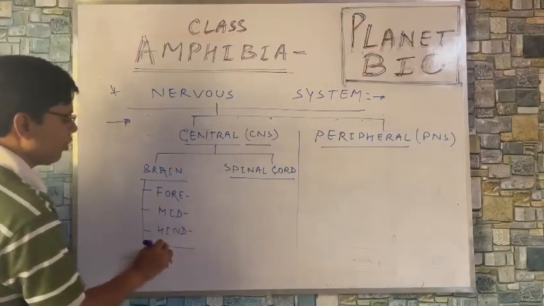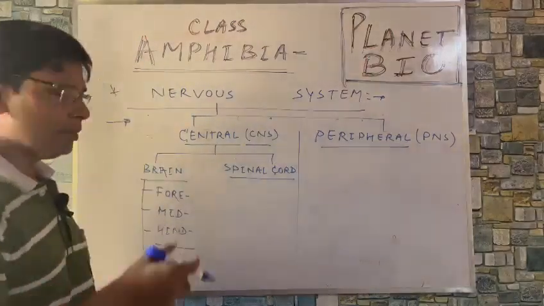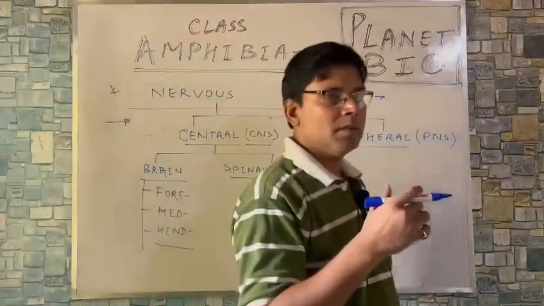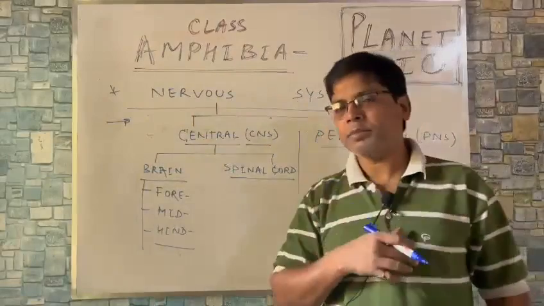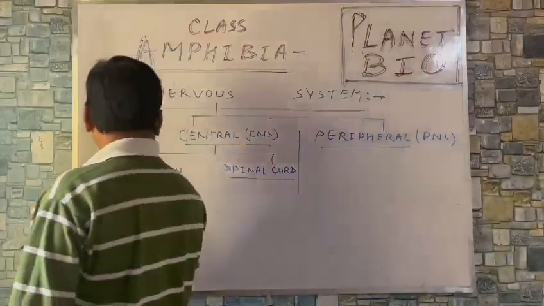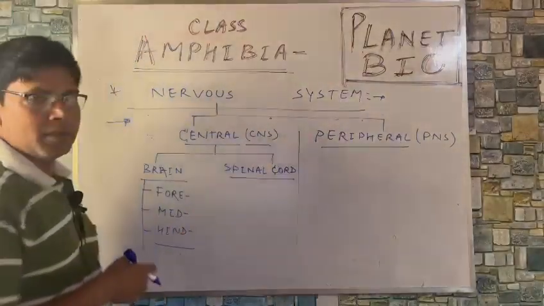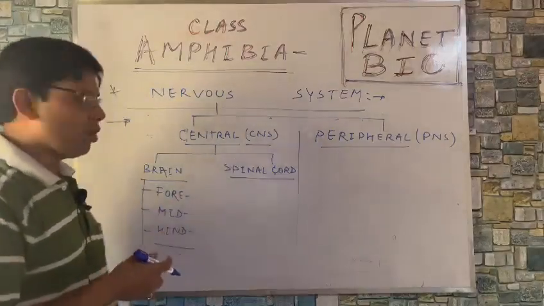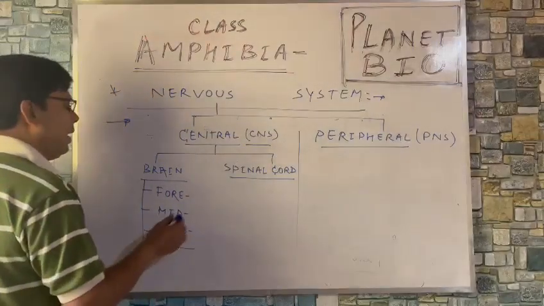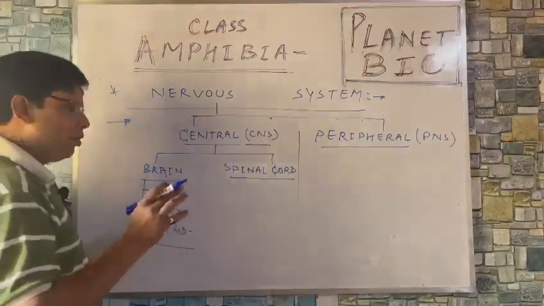For example, in frog, you can see the forebrain includes olfactory lobes and cerebrum, but the cerebrum or cerebral hemisphere lacks corpus callosum as we have in mammals. Midbrain, corpora bigemina. Hindbrain, cerebellum and medulla oblongata, pons absent. So, in the midbrain only corpora bigemina, and in the hindbrain no pons.